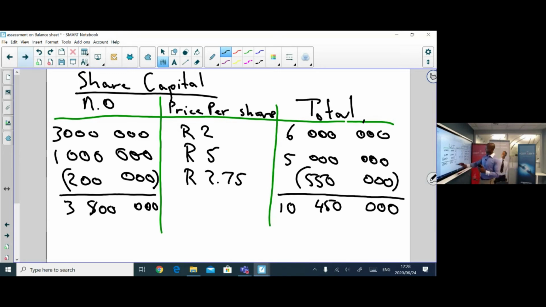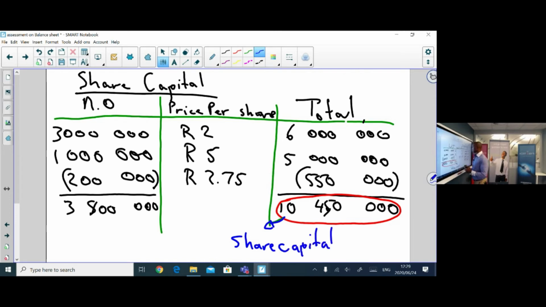This amount goes right to our share capital. For doing these calculations, you get a mark.